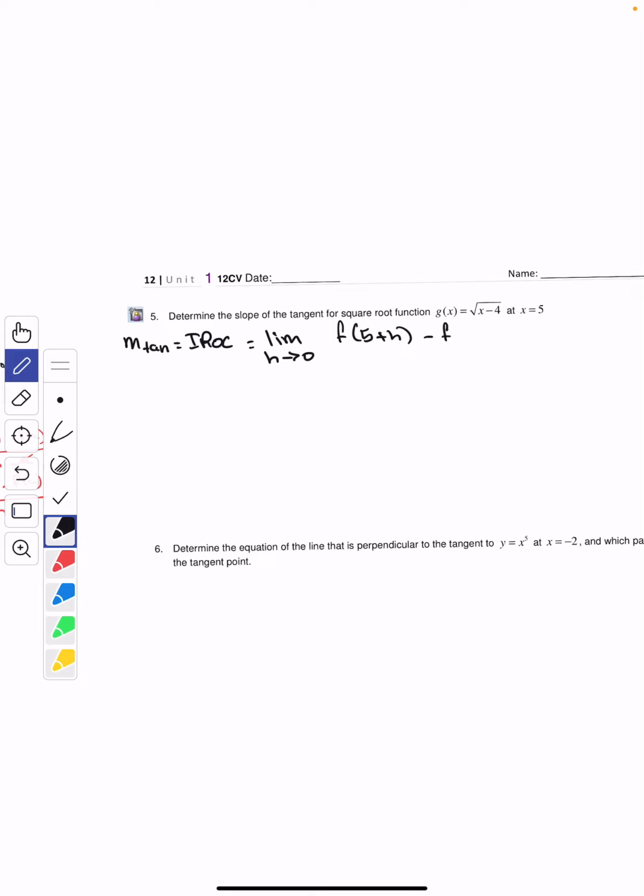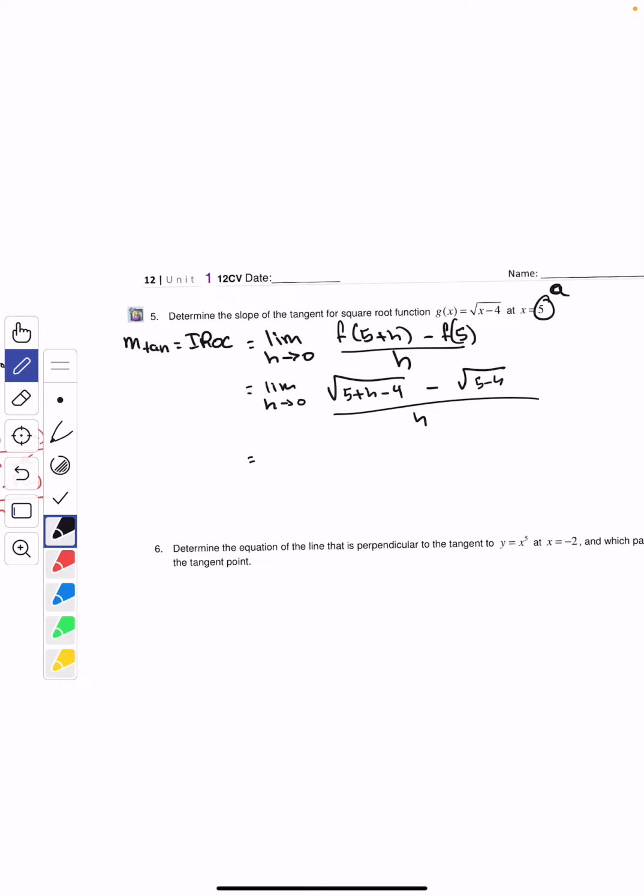h minus f at 5. Remember, I'm doing 5 because this is the a value. This is where the x is equal to. Okay, so this is my a value over h. So that's going to be the limit as h approaches 0 of the square root of 5 plus h minus 4, and then subtract the square root of 5 minus 4 all over h.